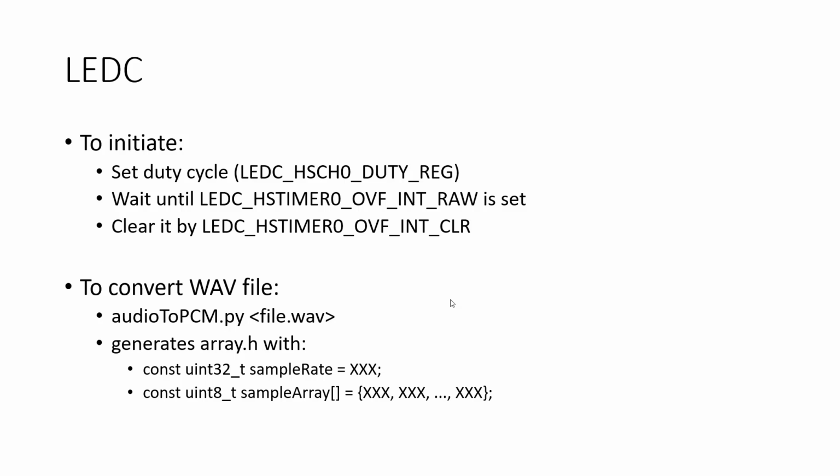Okay, so to initiate an LED duty cycle, you set the duty cycle, then you check the interrupt associated with that. You wait for that interrupt to trigger, meaning you poll and wait for the interrupt bit to be 1. Then you clear the interrupt, right?